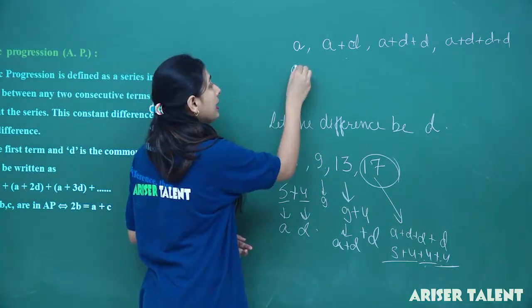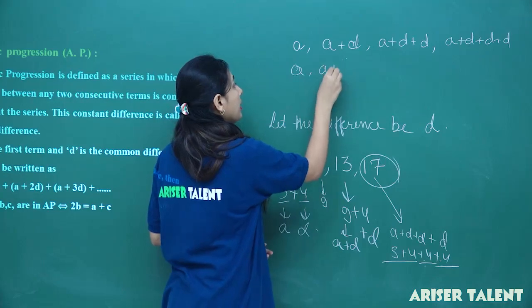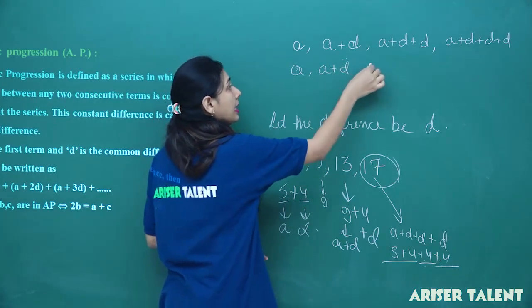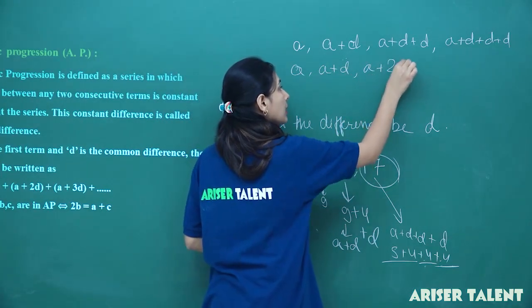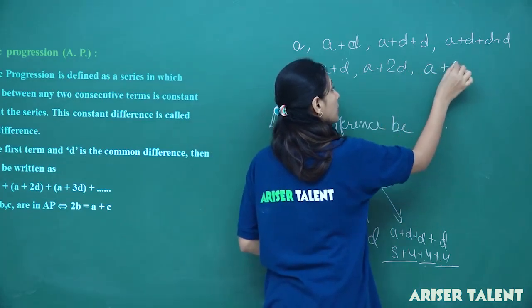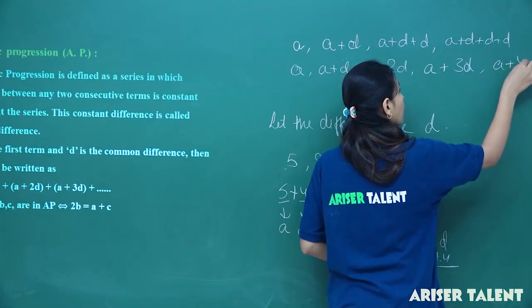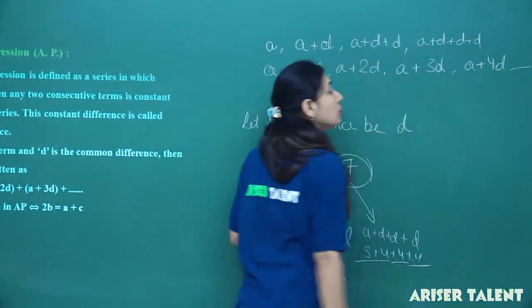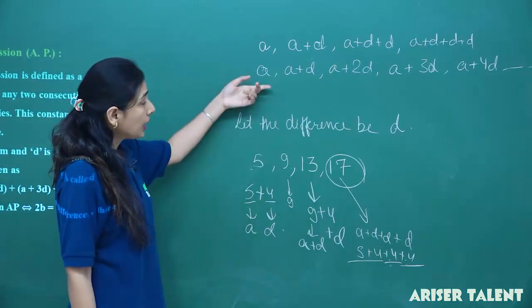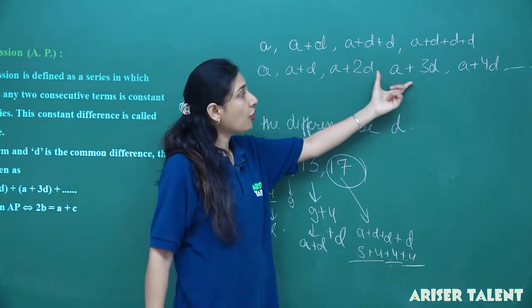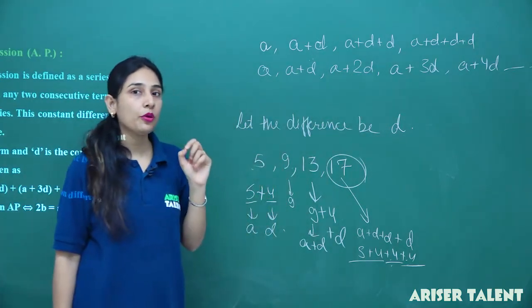That will be A, A plus D, A plus 2D, A plus 3D, A plus 4D and so on.